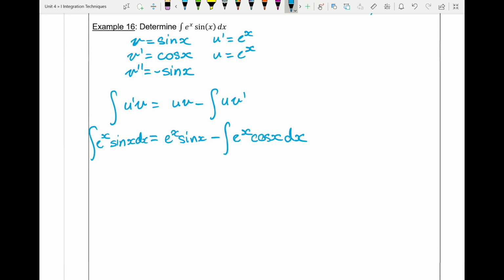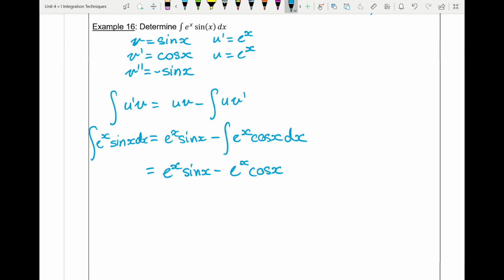So if we could get this, like if this was sine of x, I could add it to the other side, and then I'd know what the integral is, because I just have to divide by 2. So let's try and apply it one more time and see if we can get it to look like the left-hand side. So on the right-hand side, I get e to the x sine of x take, so uv in this case is going to be, so if that's uv dash, it's going to be e to the x cosine of x, because of course this is u dash, it becomes u, but it's still itself because the derivative of e to the x is always e to the x.